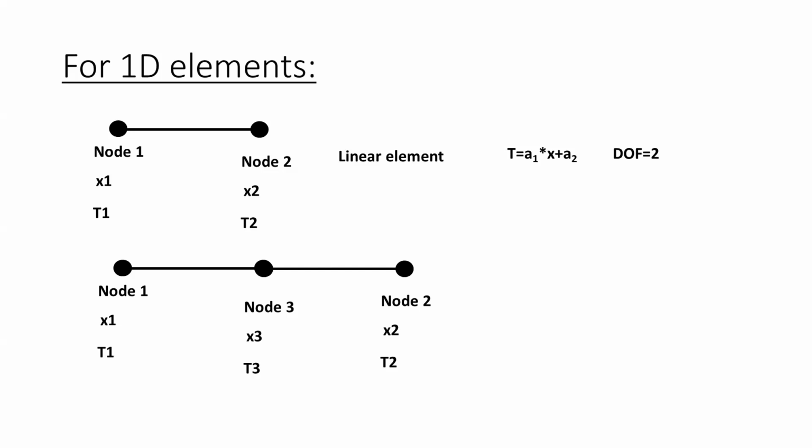The polynomial which is going to represent the variation of temperature for this quadratic element is t is equal to a1 into x square plus a2 into x plus a3. Since there is x raised to power 2, this particular element is known as the quadratic element. And similarly, the degree of freedom for this element happens to be 3.